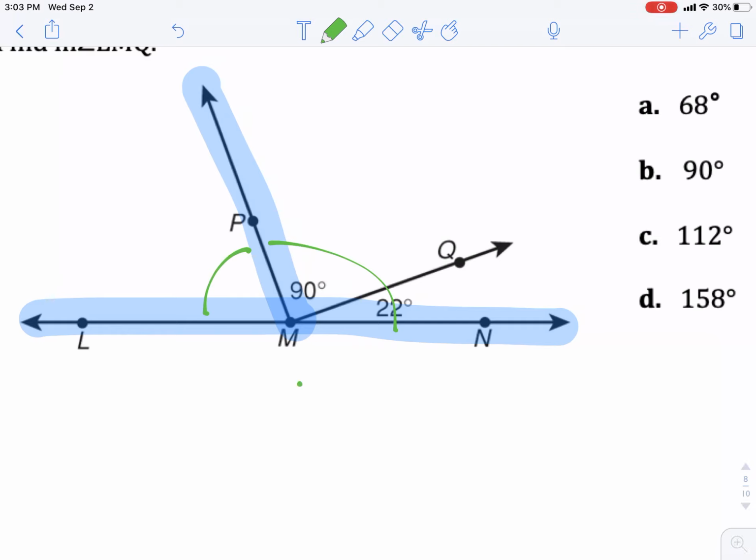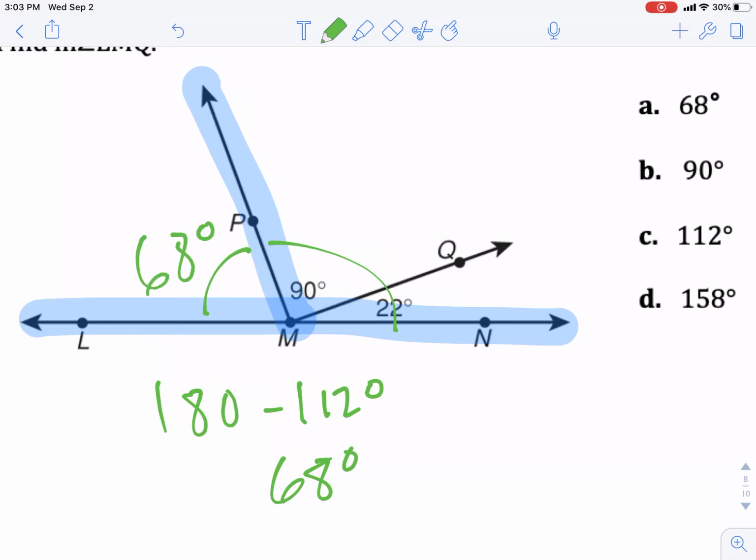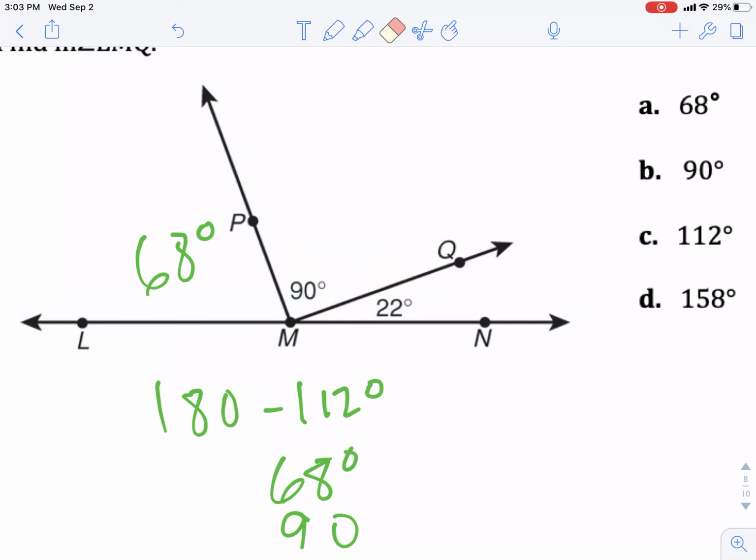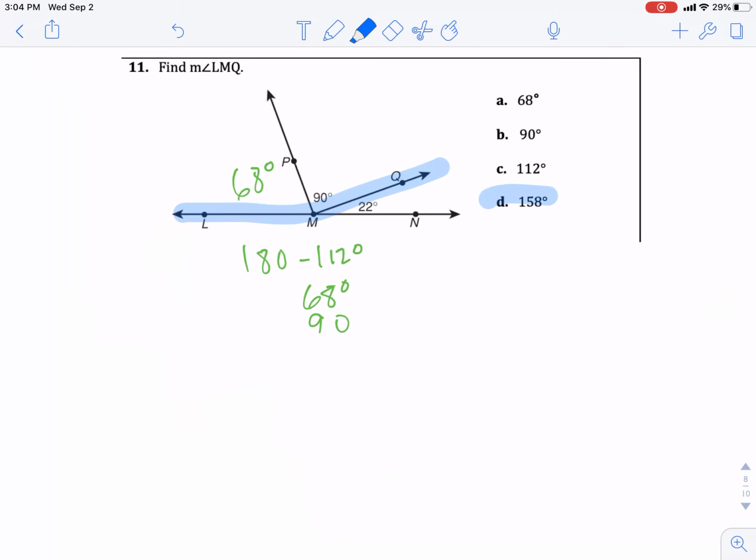One of those angles is 112 degrees. Subtract that from 180 and you get 68 degrees. So this guy right here is 68. Add that to 90 because we want to find out LMQ. So that's 68 plus 90, which is 158 degrees.